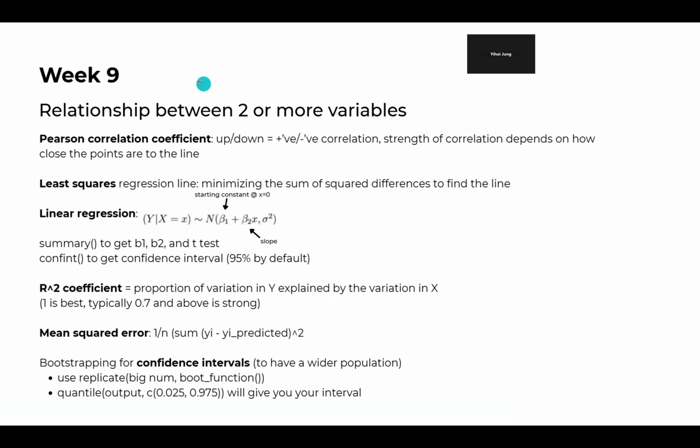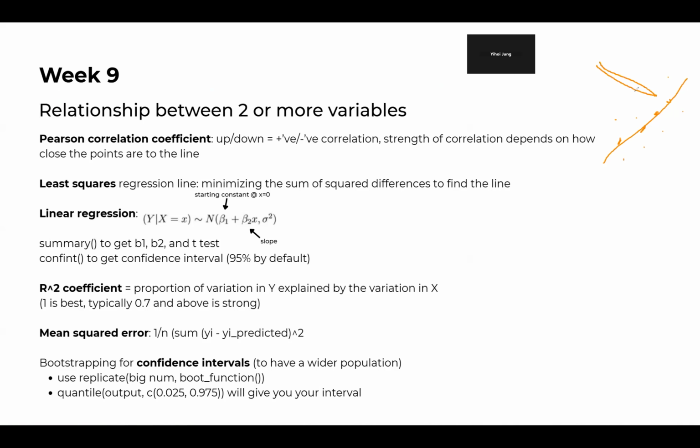Hopefully that makes sense. For week 9, we go over the different coefficients to see how accurate a model is. We go over the Pearson correlation coefficient. It depends how close the points are to the line. If you have a bunch of points that are a bit far, then that'd be a low Pearson correlation coefficient, whereas if you have a lot that are closer, then that'd be a stronger correlation.